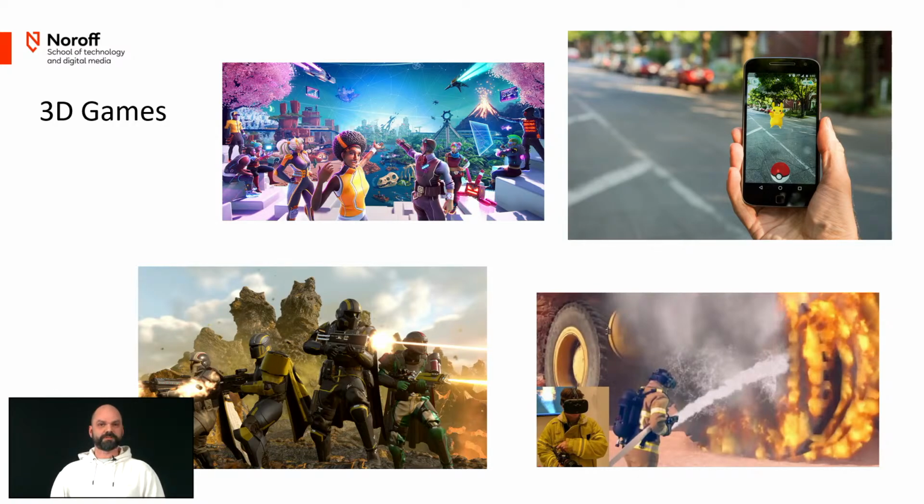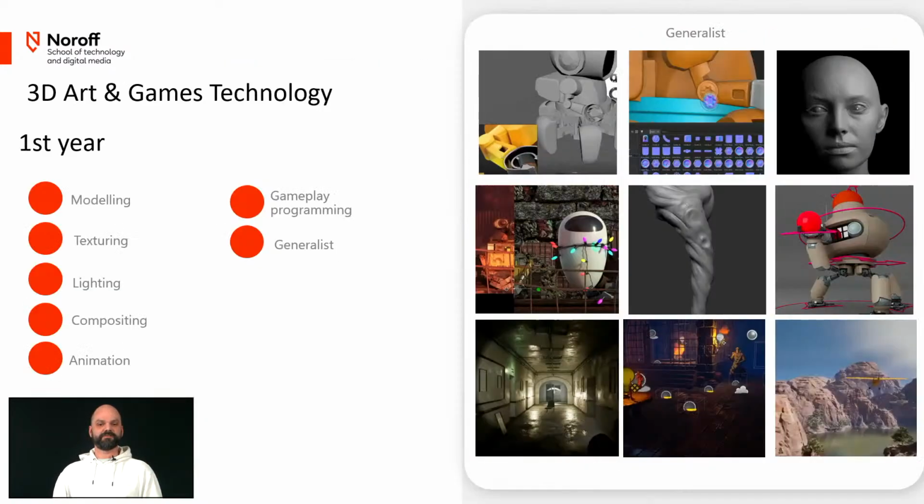So moving on to the program itself. I'm going to go through the first year and then the second year. What we focus on in the first year of the program is a generalist approach, so you will get to try your hands on a lot of different things. We're not going to go through all of these, but from left top to right bottom, we are modeling, which is creating and shaping objects.